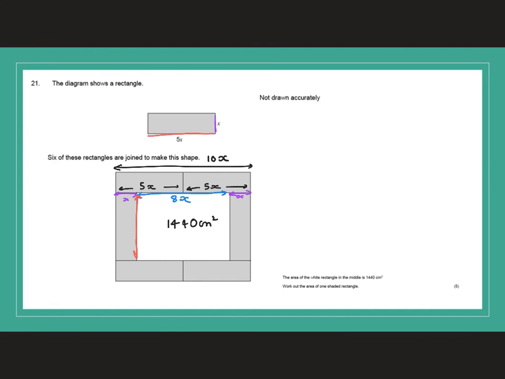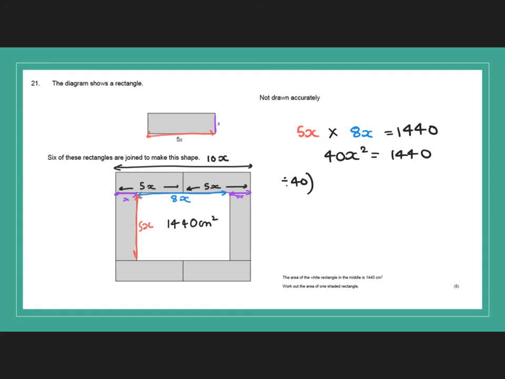Well, it's this. It's 5x. So we know that 5x multiplied by 8x is equal to 1,440. 40x squared is 1,440.